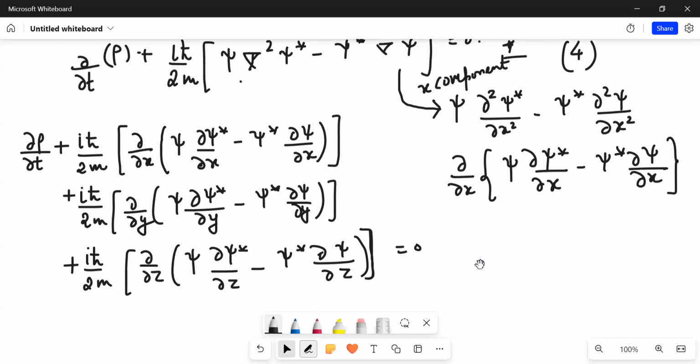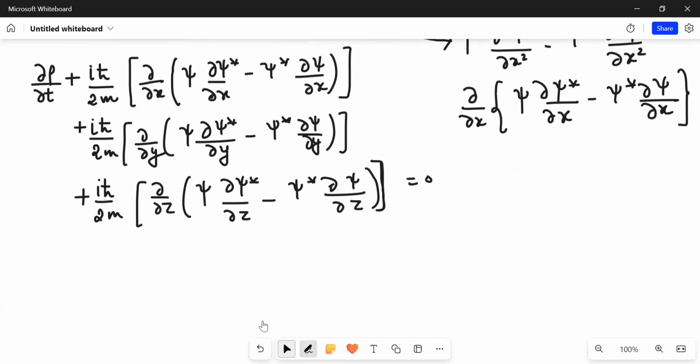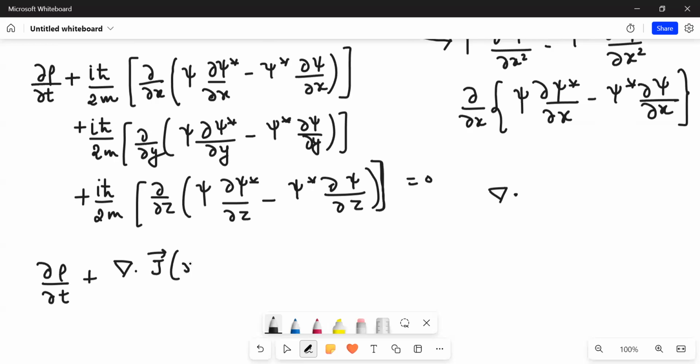If I write it in a little bit of a compact form, this will be del rho upon del t plus del dot some j vector, which is again a function of r and t.